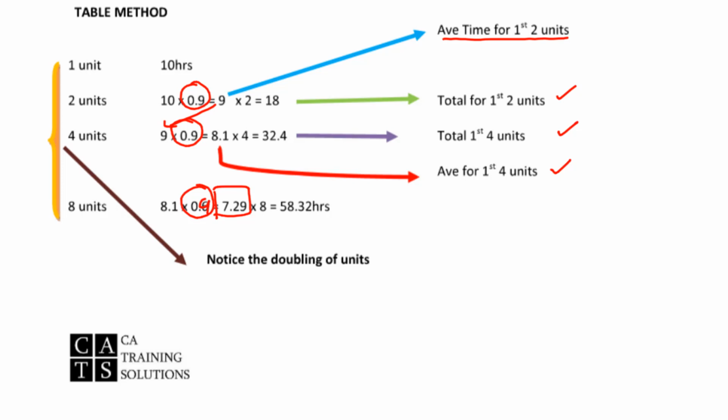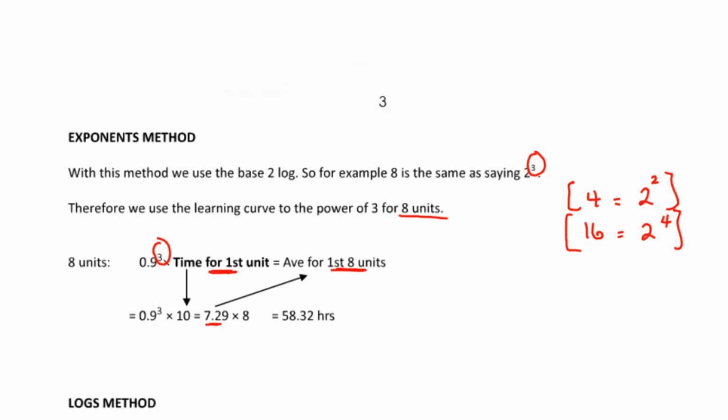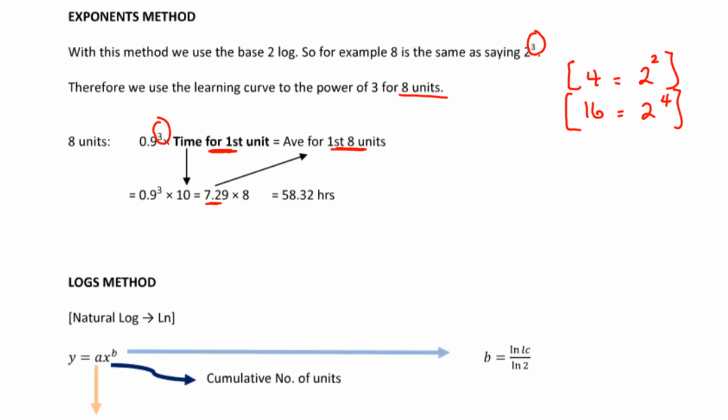So that's just a quicker way of dealing with it. The exponents method is just a shorter version of the table. And to multiply that by 8 will give you the total time for 8 units.